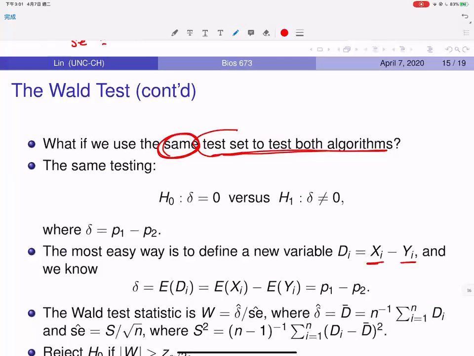One says it's cancer, the other says it's not cancer, or maybe both algorithms say it's cancer. You look at the image of cancer research, of cancer image data. So then you can directly take the difference between X_i and Y_i.